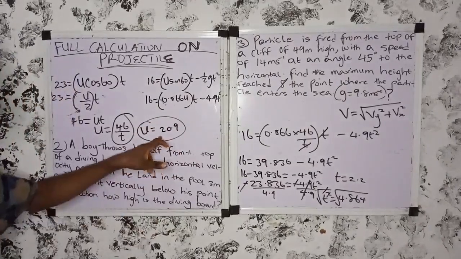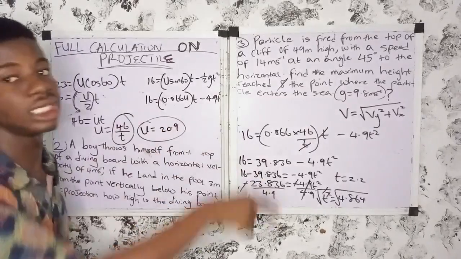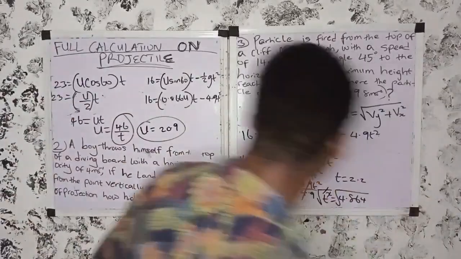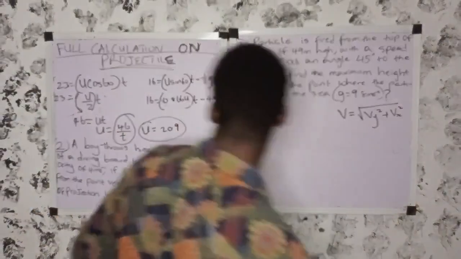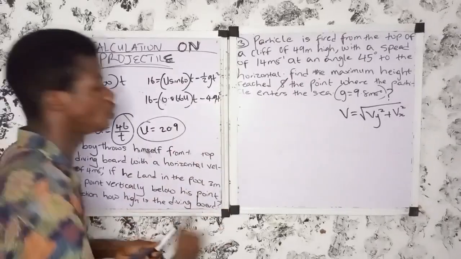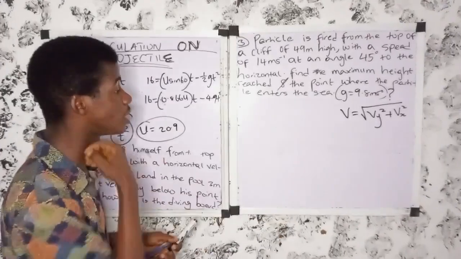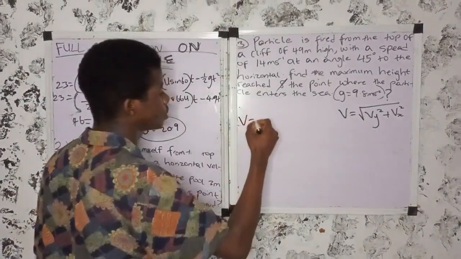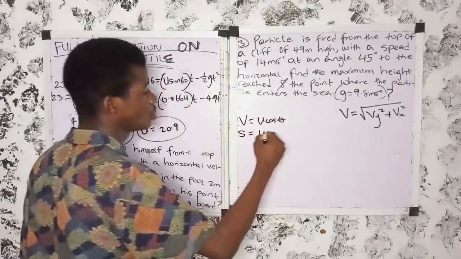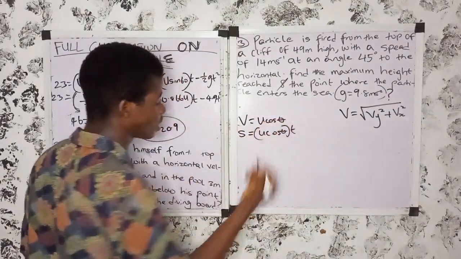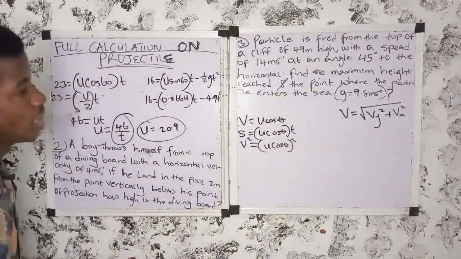Now let's input this 20.9 wherever we see u. Let me show you the equations, those are the previous equations that I gave you. Under horizontal equations, we have v equals u cos theta, s equals u cos theta then t, and v squared equals u cos theta all squared.